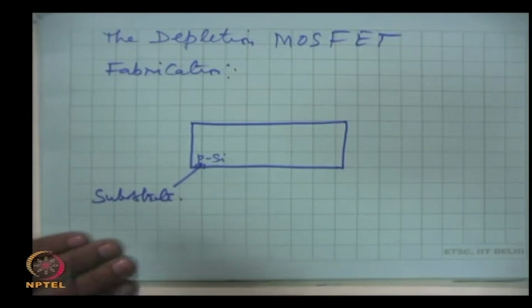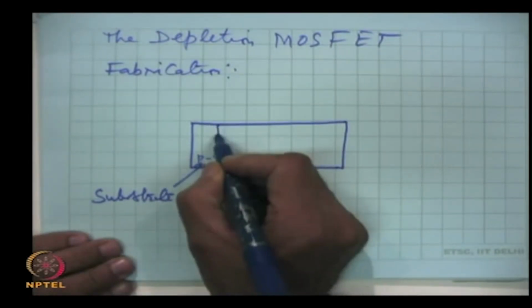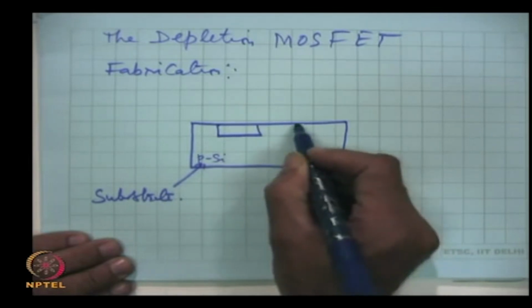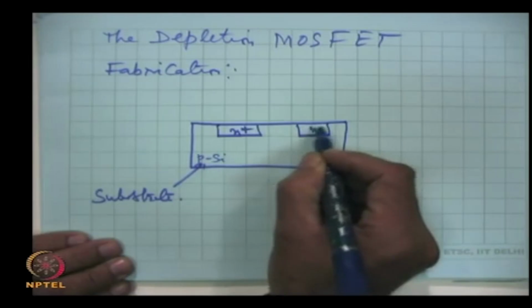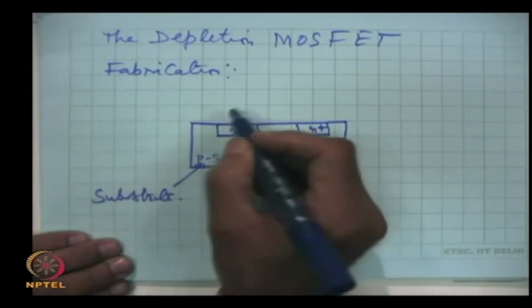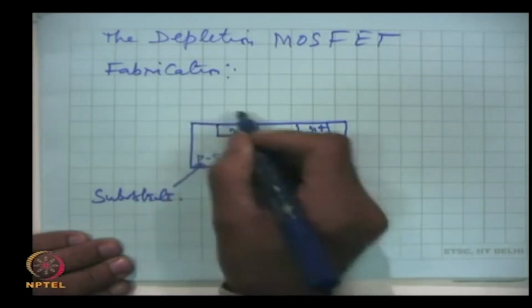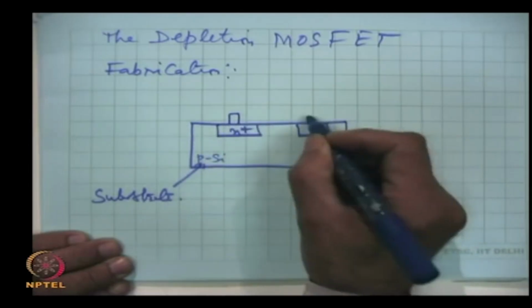On that we generate two heavily doped N regions, N plus, N plus, and then let me first complete the drawing and then we will talk.